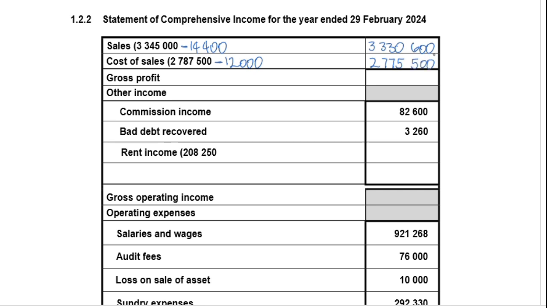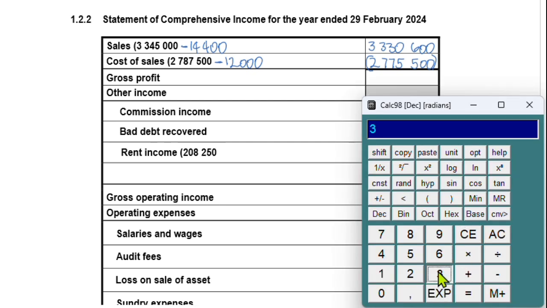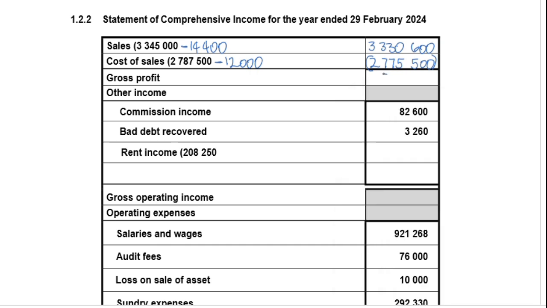Then we put it in brackets to show that we're subtracting the cost of sales from the sales, and that will give us a gross profit amount of 3,330,600 rands minus 2,775,500 rands. That gives us a gross profit amount of 555,100 rands. So that's our gross profit for the year.